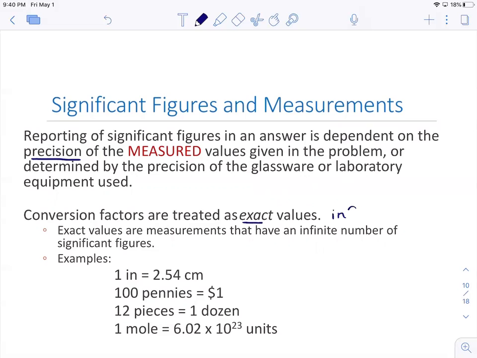Think about them as having an infinite number of significant figures. We're not going to look at those as having any sort of lack of precision. They're accurate, very, very exact values. All of these conversion factors we'll see in some way, shape, or form in our life, but also in the lecture and the lab.